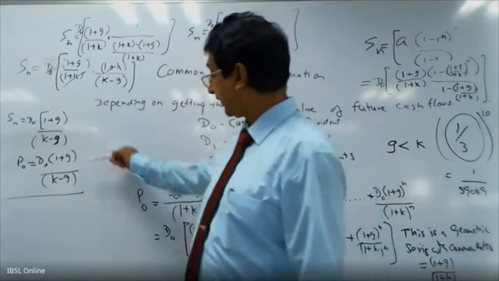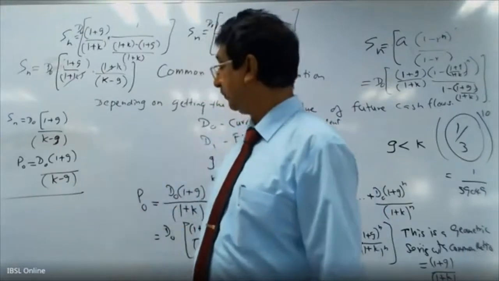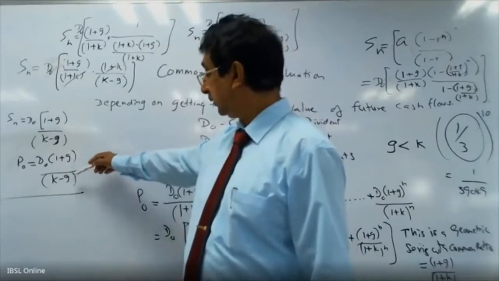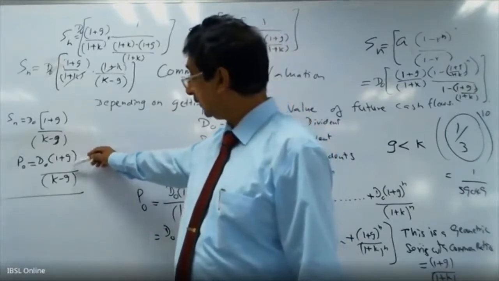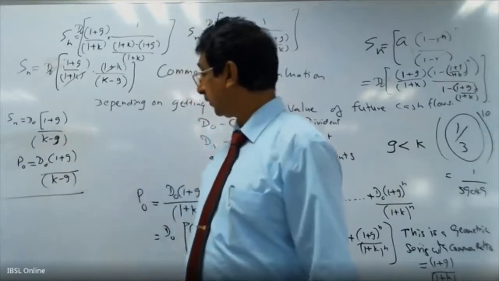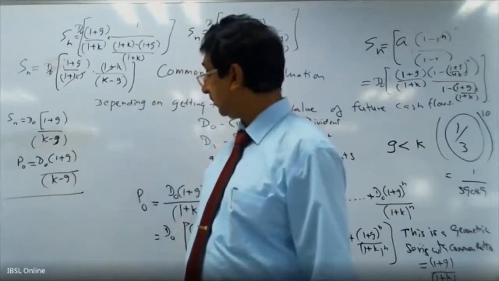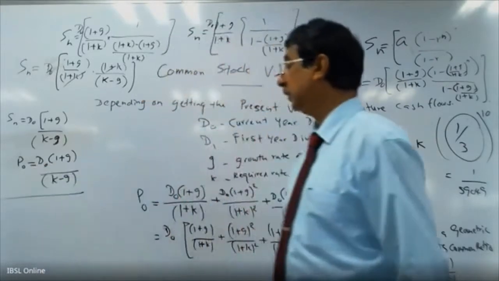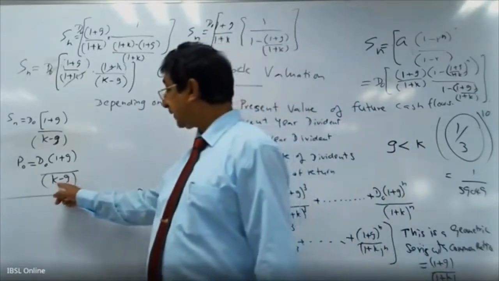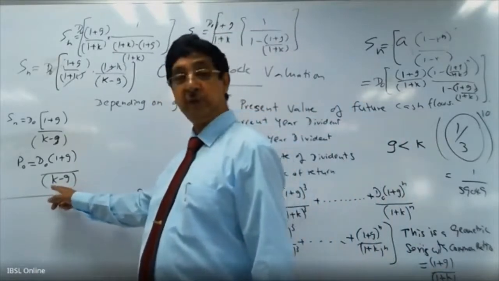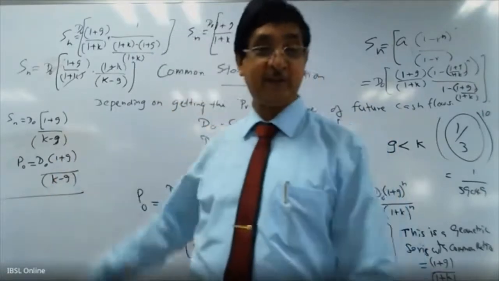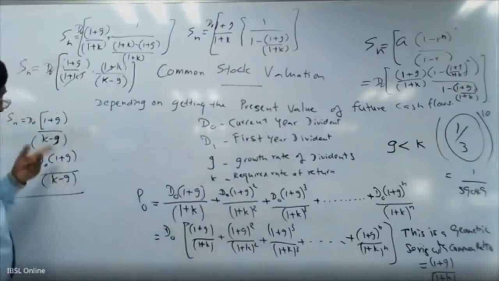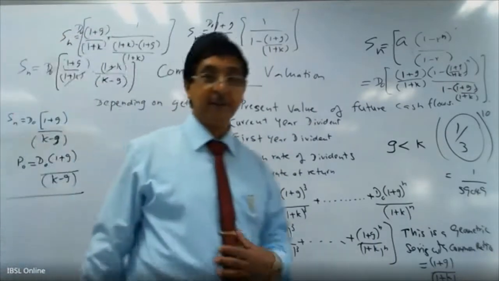Now, if you look at this, you will find when G is higher, to a certain extent, you get a higher price, but I think that really depends on the D0. And if this difference is low, you get a higher price. What do you mean by that?